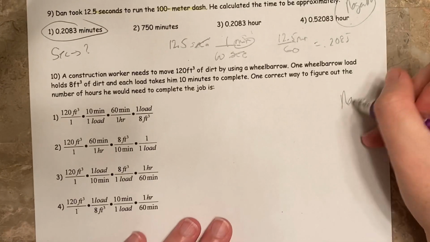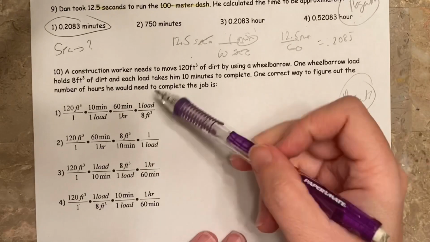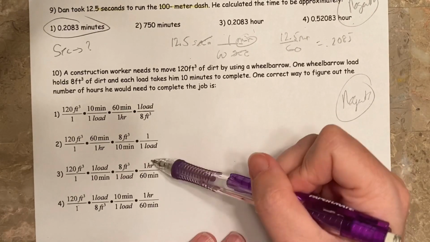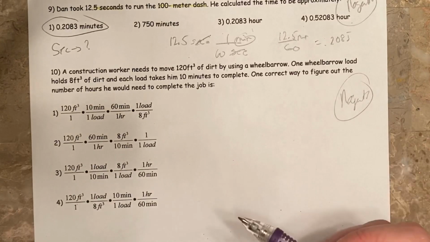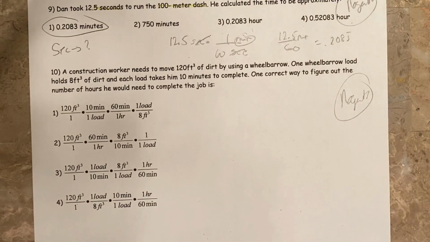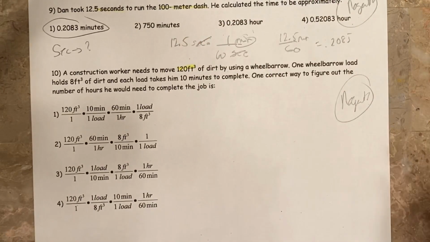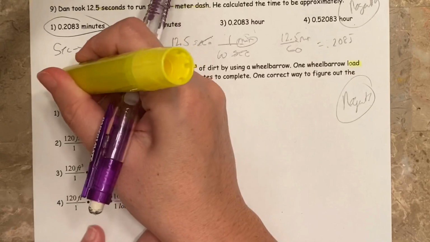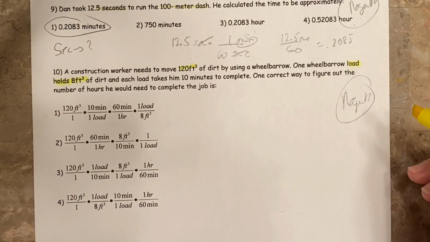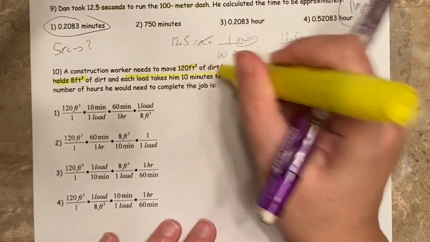All right, last one. This is also a Regents question. Again, notice how all the multiple choice are in that ratio form. That's so we can cross simplify, and that's what we're going to do. Okay, a construction worker needs to move 120 feet cubed of dirt by using a wheelbarrow. One wheelbarrow load holds 8 feet cubed of dirt, and each load takes 10 minutes to complete.